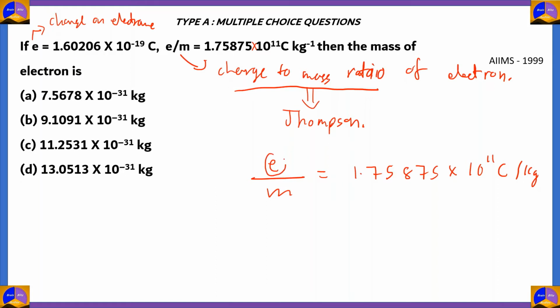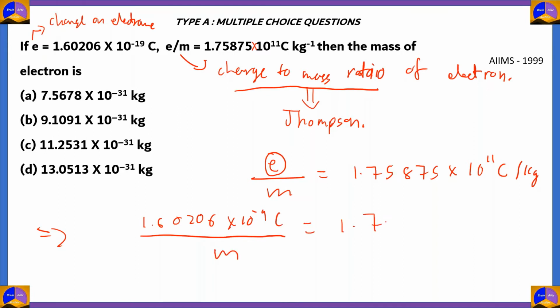And since this quantity has an e on the numerator, we can write it as 1.60206 into 10 raised to minus 19 coulombs divided by m gives 1.75875 into 10 raised to 11 coulombs per kg. From here on out, it's just a simple case of substitution.